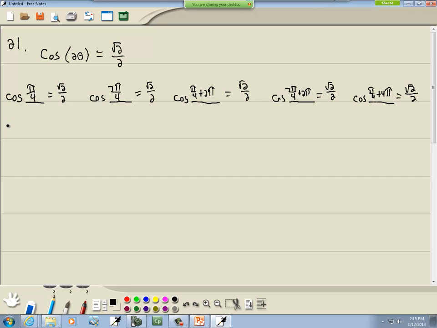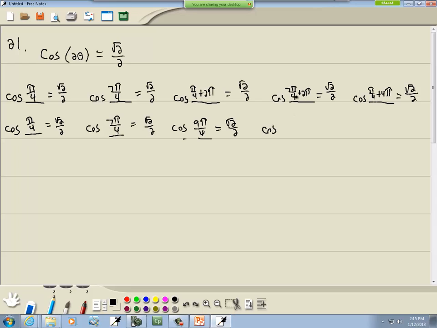Okay, so what we got is cosine of pi over 4 is equal to square root of 2 over 2. Cosine of 7 pi over 4 is equal to square root of 2 over 2. And this one, this is a mixed number. There's like an invisible 1 up here. I can take 2 times 4, which gives me 8, plus the 1 gives me 9 pi over 4, and that's equal to square root of 2 over 2.